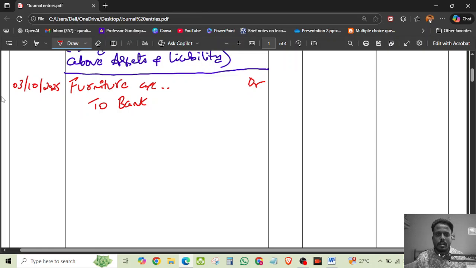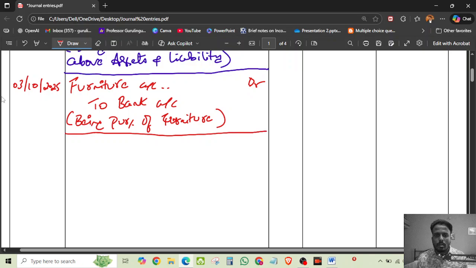If cash is paid, write as cash. If check is paid, write as bank. Being purchase of furniture through check. Even if you mention through check, no problem.